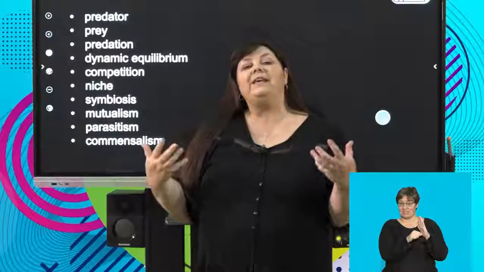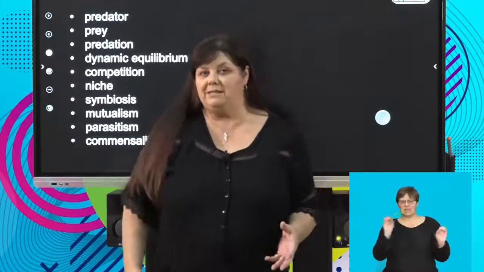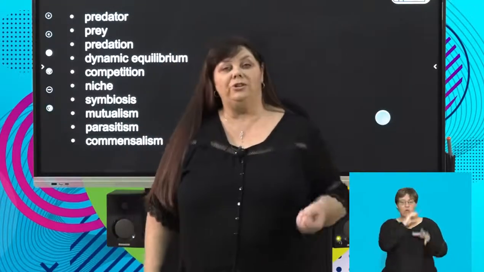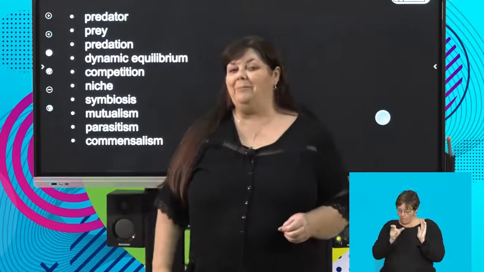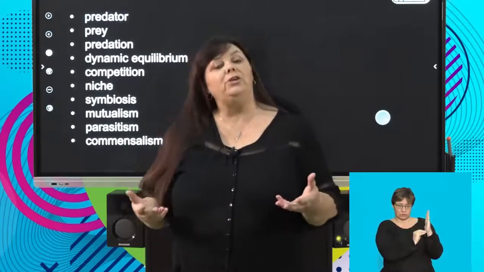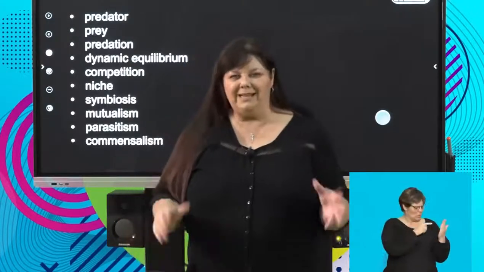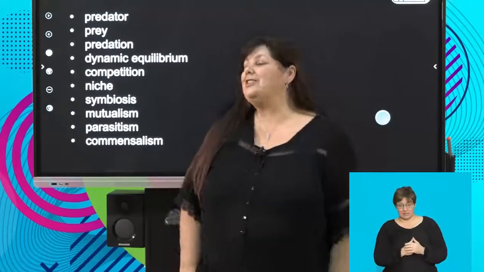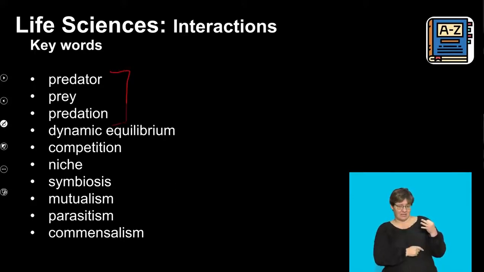So, are you ready for our keywords? Remember that the keywords are useless if just thrown at you as definitions. Rather, let's learn about them in context. But a great way of learning about them is also to put them into a little book or a glossary where you can refer to term and definition when you're studying to really brush up on your facts. So the terms that we're looking at today: predator, prey, predation, which relate to each other.